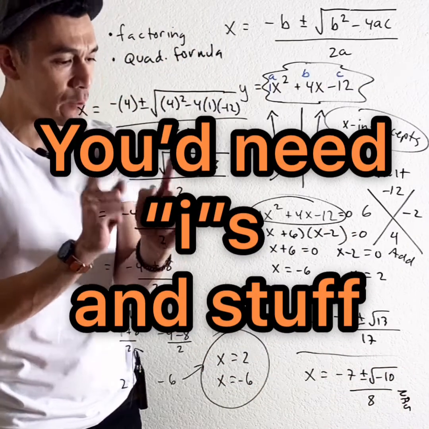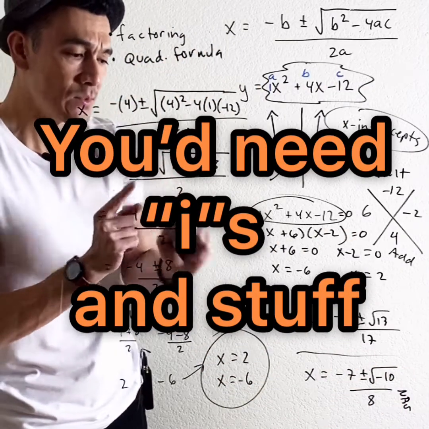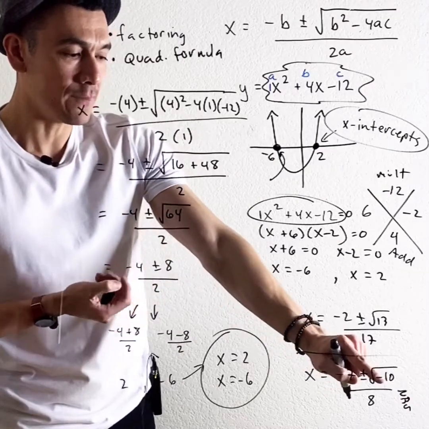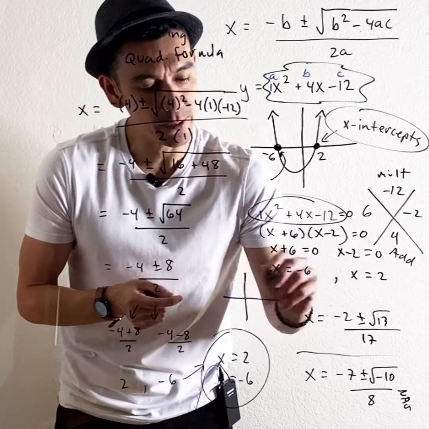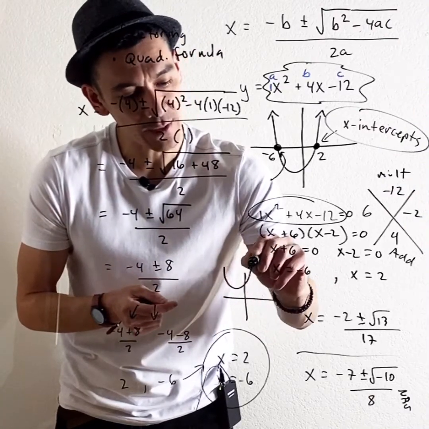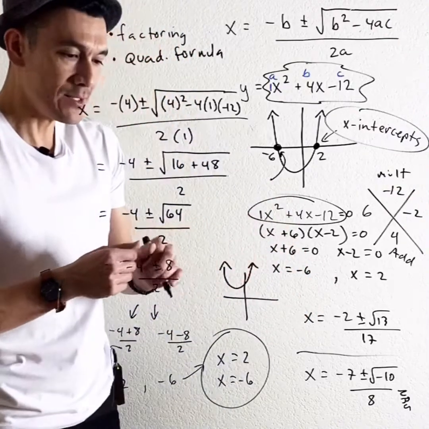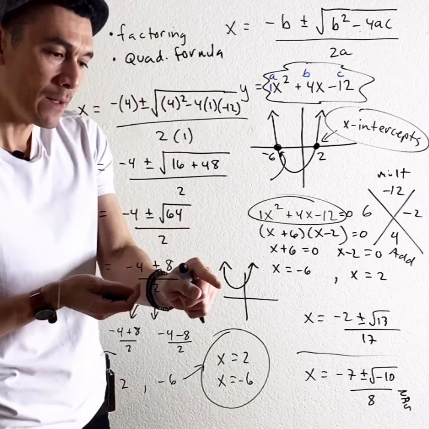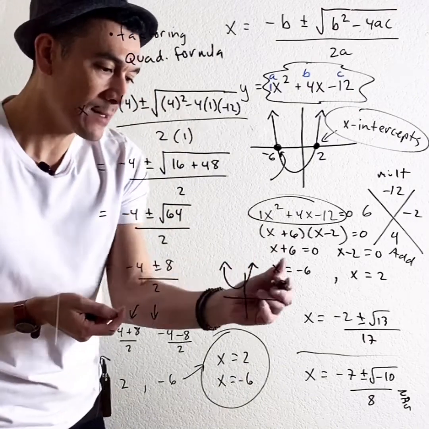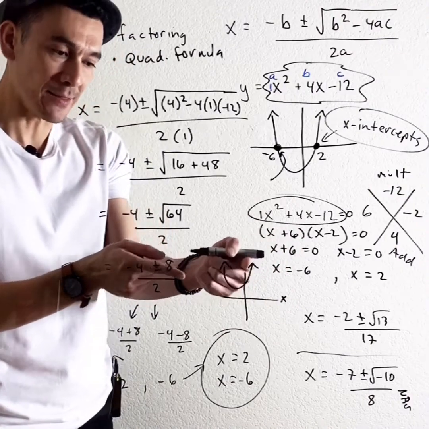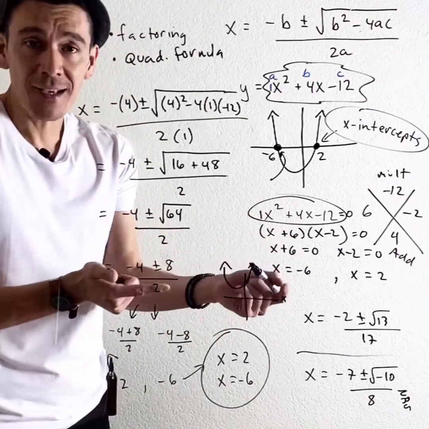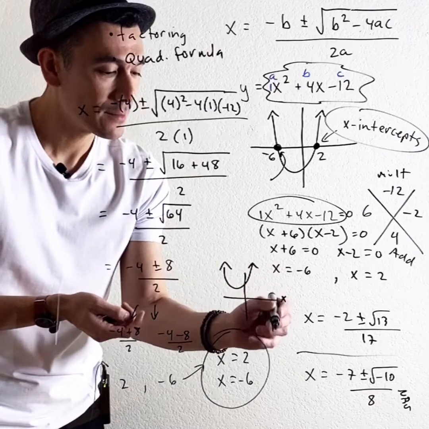And the reason sometimes you have a negative in the square root is because the picture that you're trying to play with would be something like this. Watch. Sometimes you have a parabola that doesn't have any x-intercepts. Sometimes you have a parabola like this one, it never crosses the x-axis, or maybe like this.